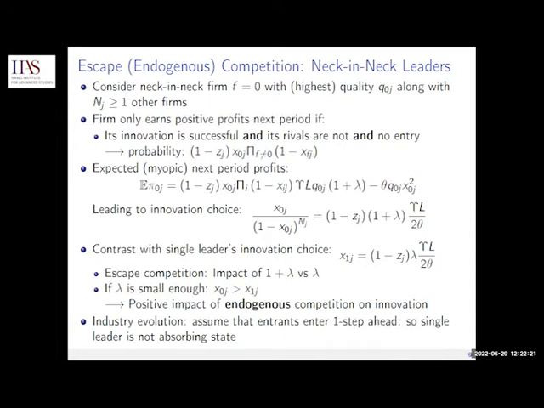And when you're neck and neck, there's a distribution of how many firms are neck and neck. Depending on how many neck and neck firms you have, it's going to affect the global rate of innovation in this economy. The maximum you get is when you have two neck and neck firms.